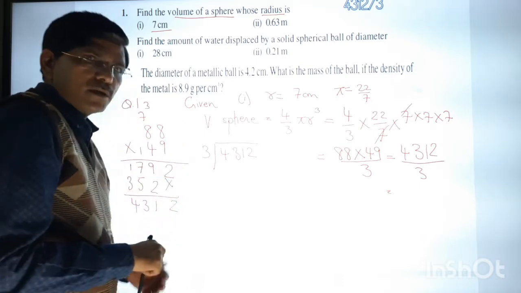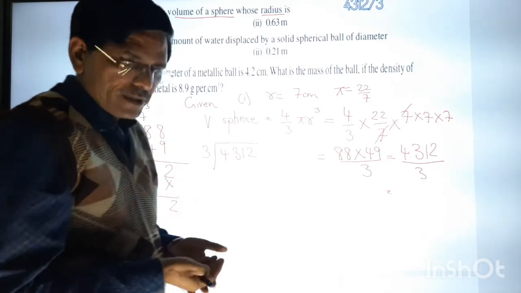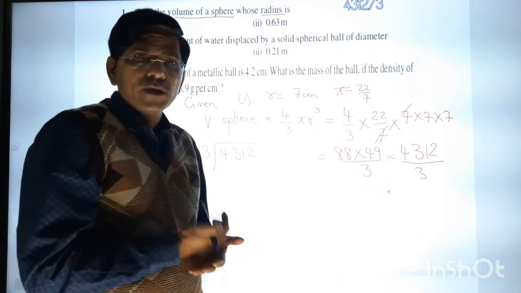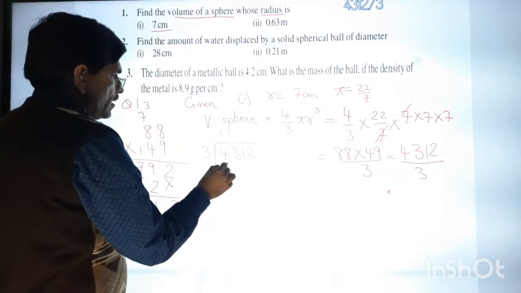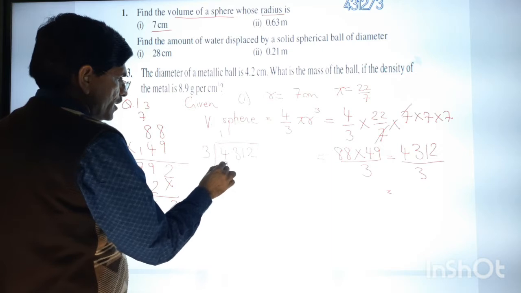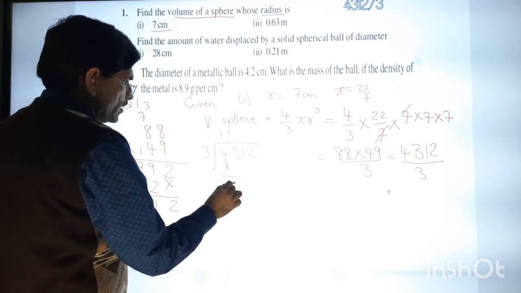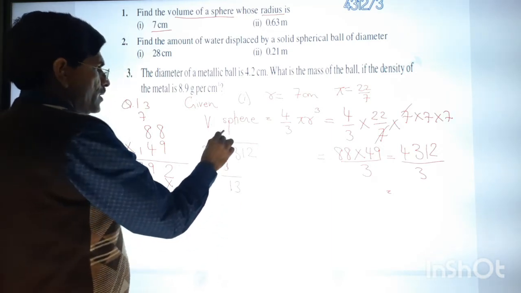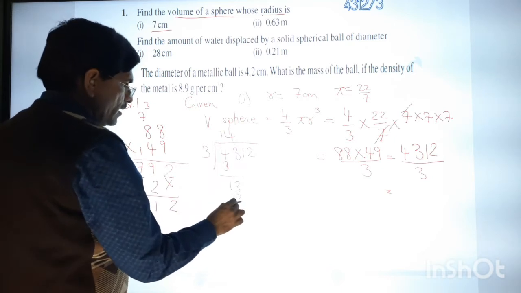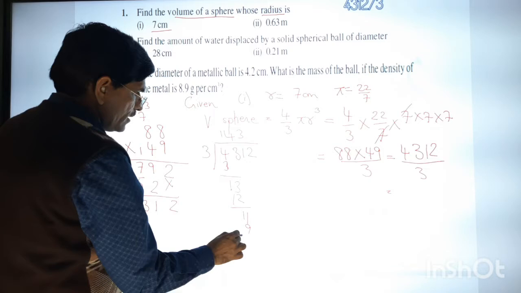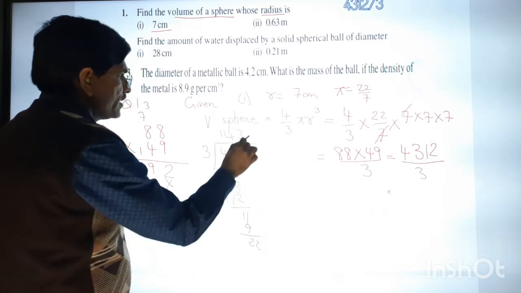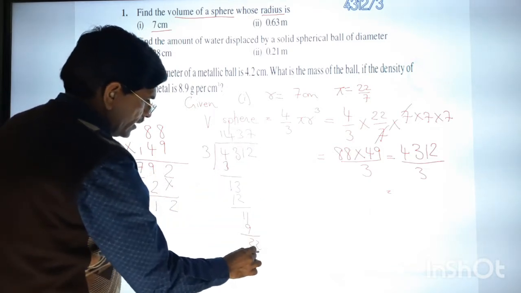3 is a prime number. So when we divide, it may be a recurring number. So 3 ones are 3, 1 3 13, 3 4s are 12, 1 11, 3 3s are 9, 2 22, 3 7s are 21.